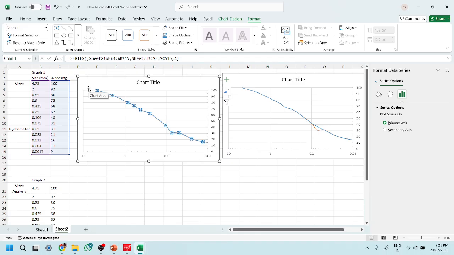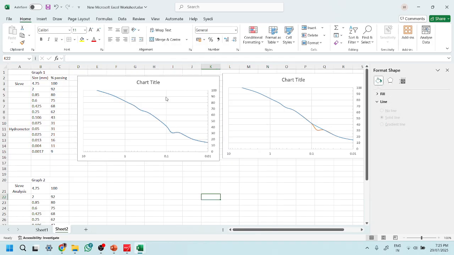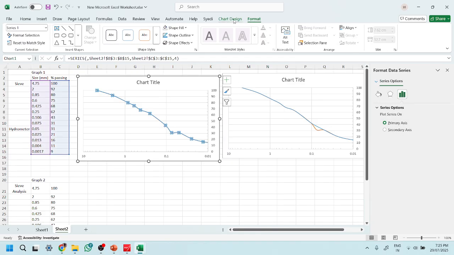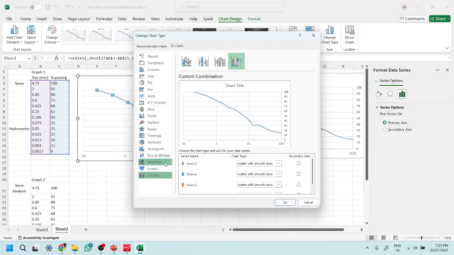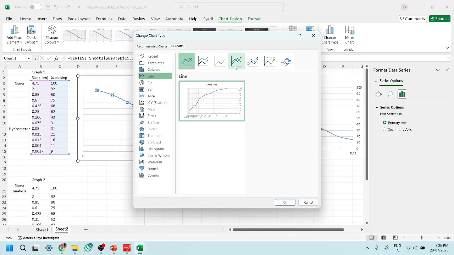Just a moment, my mouse is not working properly. Change chart. This is what I was looking for. We will have scatter.